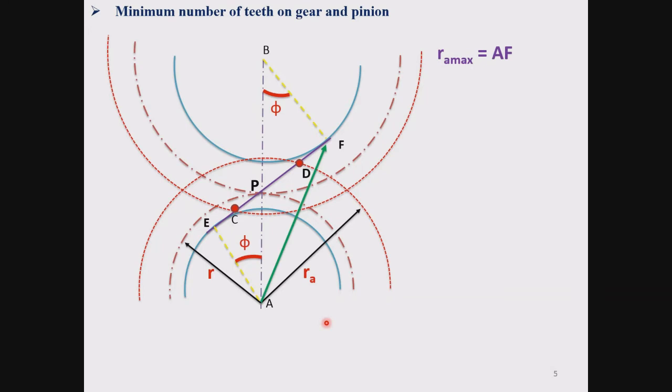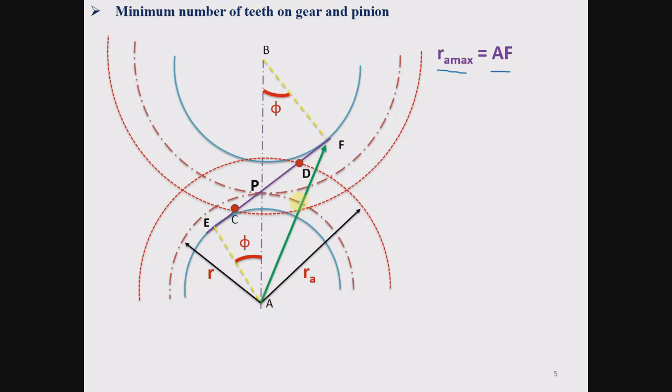Now what have we seen? In order to avoid the interference, addendum circle of gear 1 must intersect the pressure line EF before point F. So we can say that maximum value of addendum circle radius is distance AF, correct?